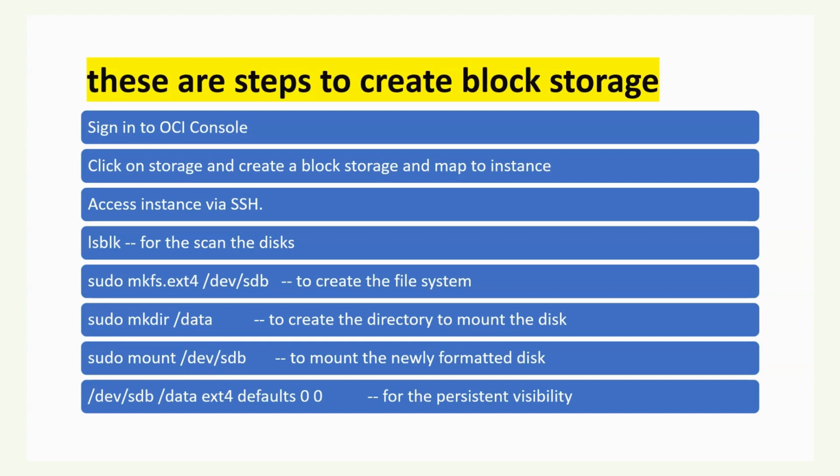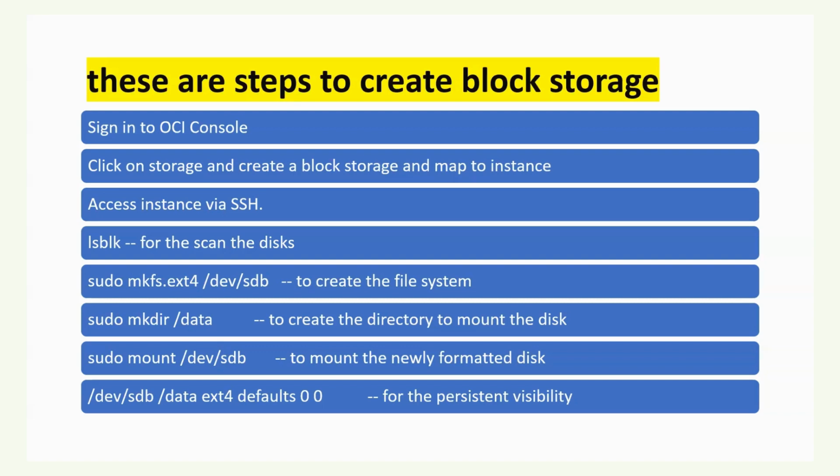Here are the high-level steps. The first thing we need to do is log into the OCI console, and then click on storage, create a block storage, and attach it to the particular instance. Then access the instance through SSH.